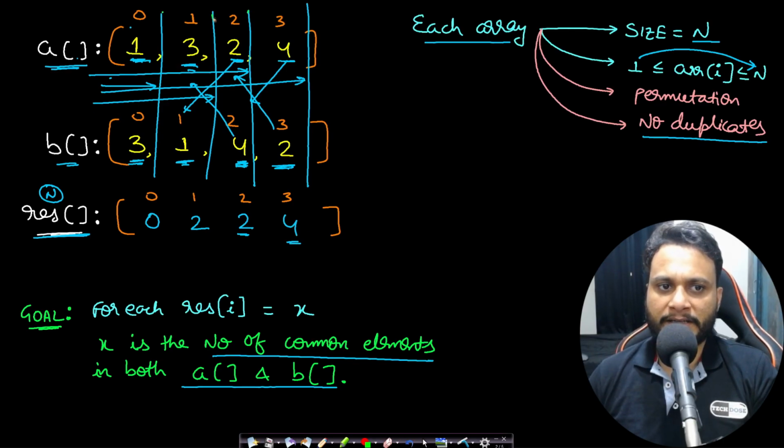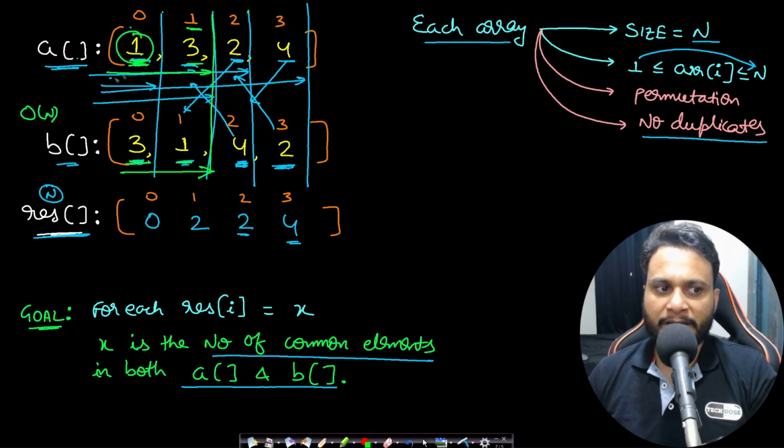So if I create any slice, let's consider a general slice at index I, then I will be iterating over all the elements in A, and I will be finding for every element, let's say for 1, I have to iterate over all the elements in B and search if 1 has been seen. This will require order of n time in the worst case, and the same will be repeated for this 3.